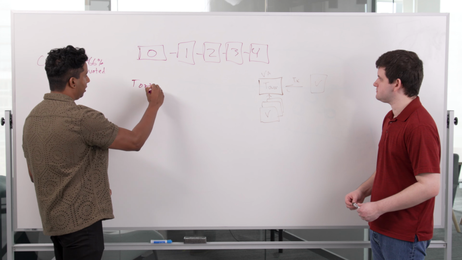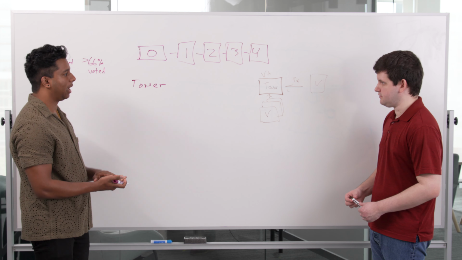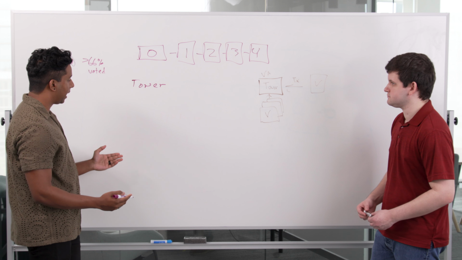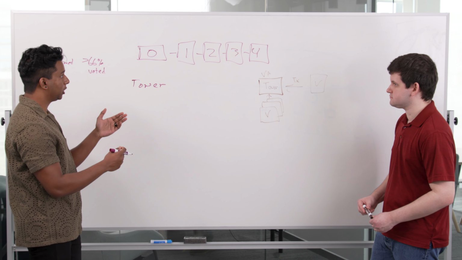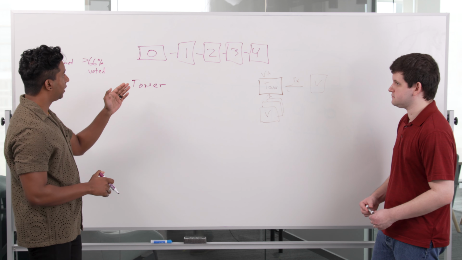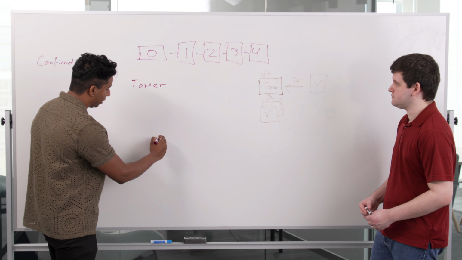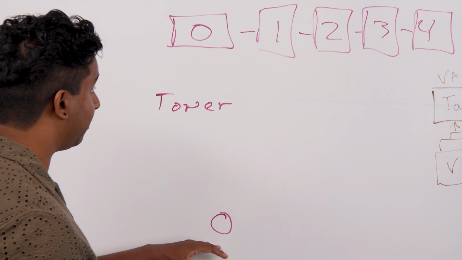The tower, as the name implies, is a stack. As you vote, you keep adding things to the top, and potentially popping things off of the top as well. So here, for example, everyone votes on block 0, suppose. That'll be the bottom of your tower.